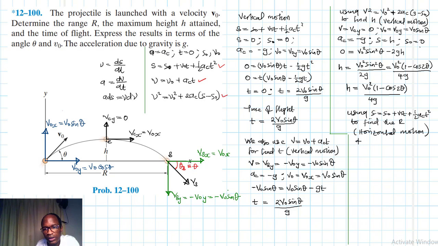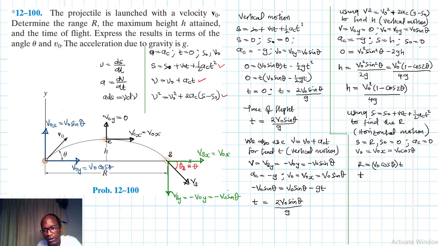So we have s here, which is equal to r, and then we have s naught, which is equal to 0. Then we are dealing with a_c, which is equal to 0. Then v naught, which is just v naught x, which is equal to v naught cos theta. So with this, we can say r is just equal to v naught cos theta times t.